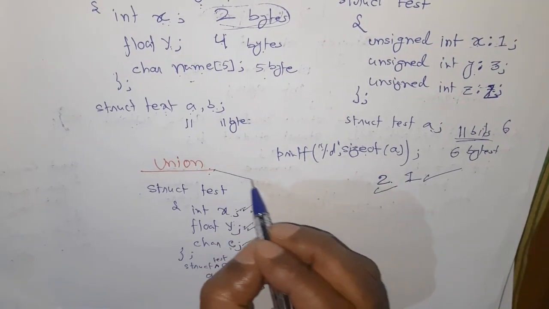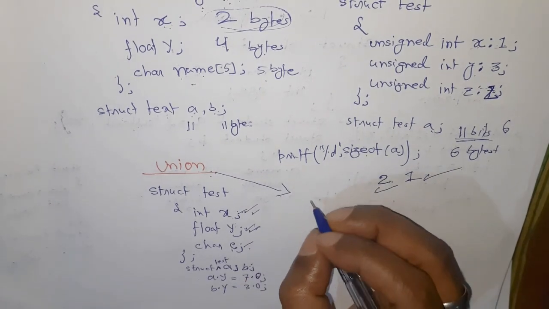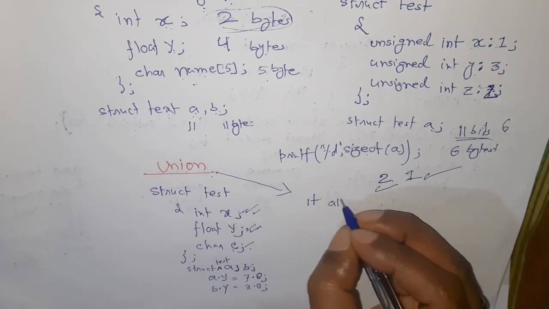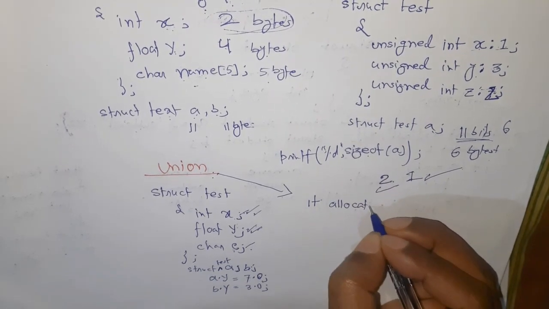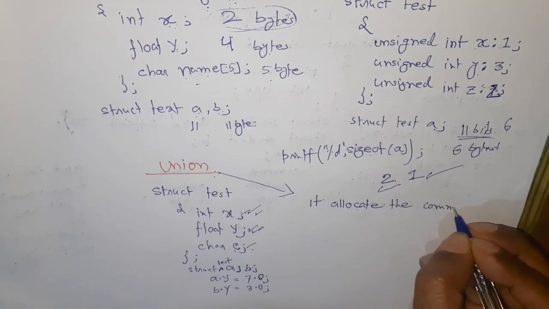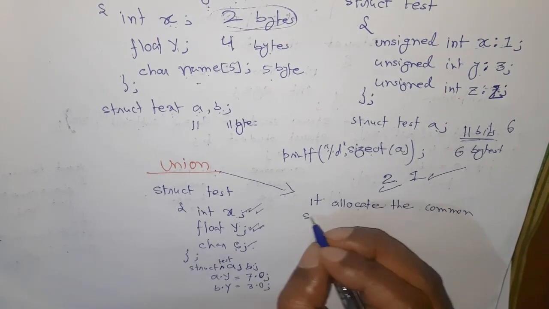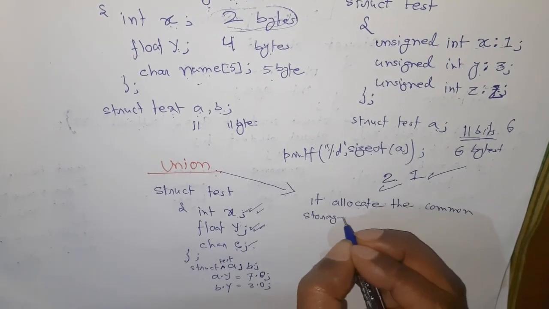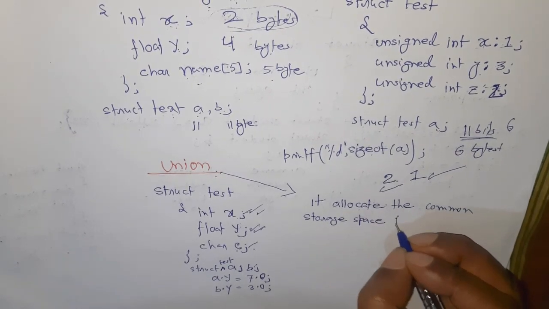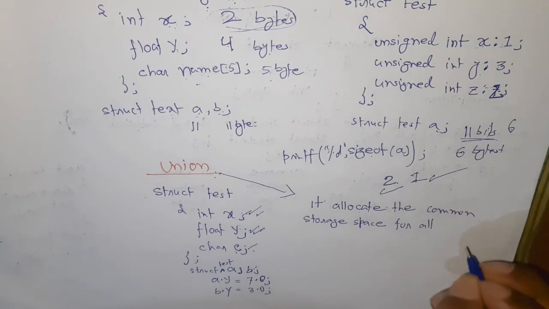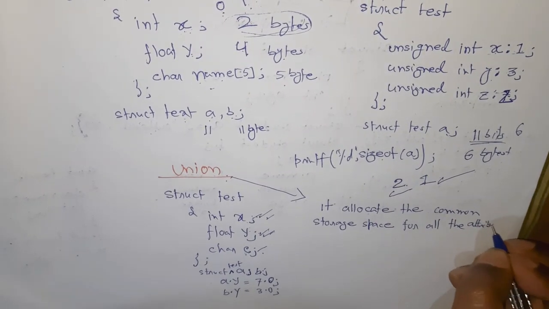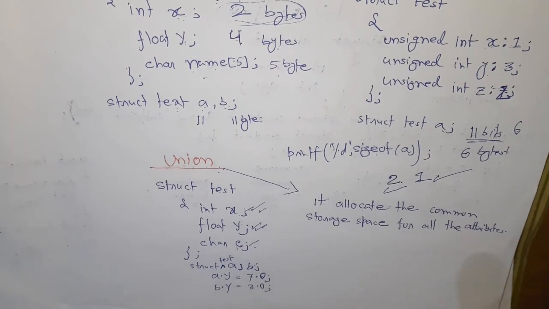If you talk about the definition, it allocates a common storage space for all the attributes. So what does it mean?